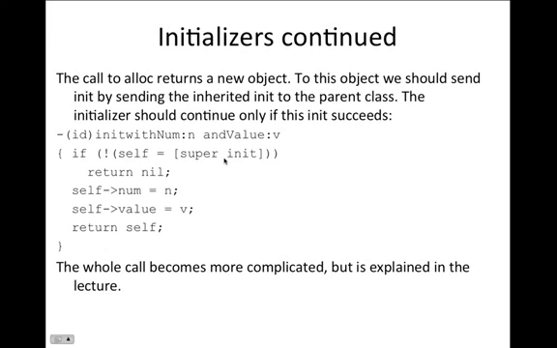If it doesn't succeed, if it doesn't get anything back, then we're going to return nil. Otherwise, we're going to go ahead and say self number is n, self value is v, and then return self. Now basically letting us know that the other object is around and it returned correctly. So the whole call becomes more complicated, but it's explained in the lecture as well. So there's an example of it in the lecture notes.